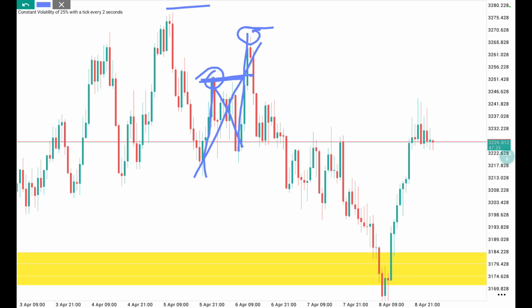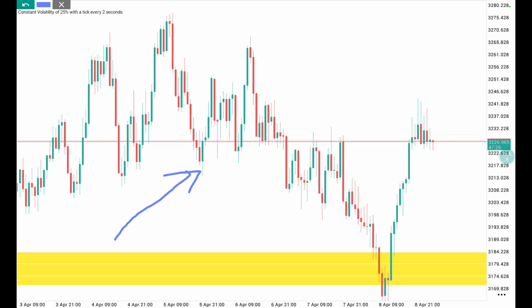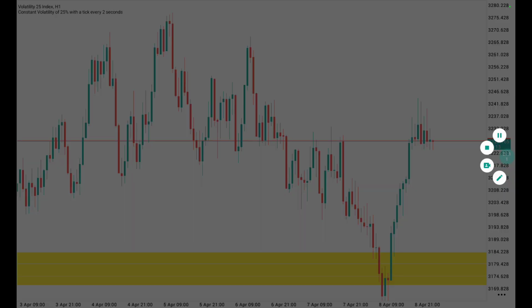So if you are talking about the swing move from here, it did not end here. It ended up here, because when price came down here, it didn't put a lower low. See that? It stopped here. So this is still the most recent low, right? So bear that in mind.